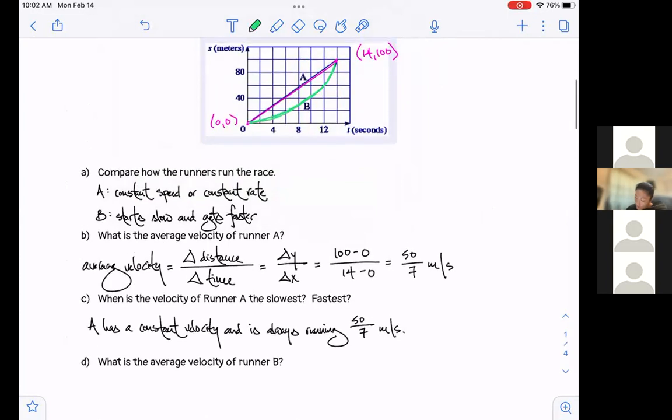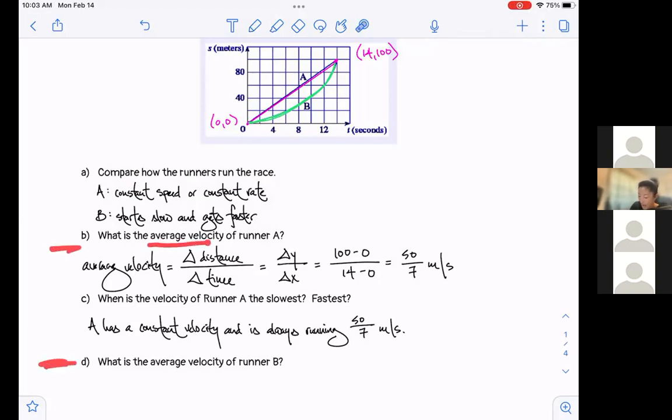And so how would we find the average velocity of runner B? I just thought about, wouldn't it be the same since they ended up at the same time? I don't know. Probably not. Yeah, okay. Well, I think question B and question D look pretty similar, right?